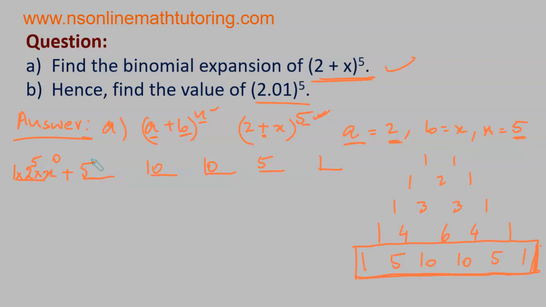Next, the powers of a will go on decreasing by 1 and the powers of b will go on increasing by 1. And a is 2.